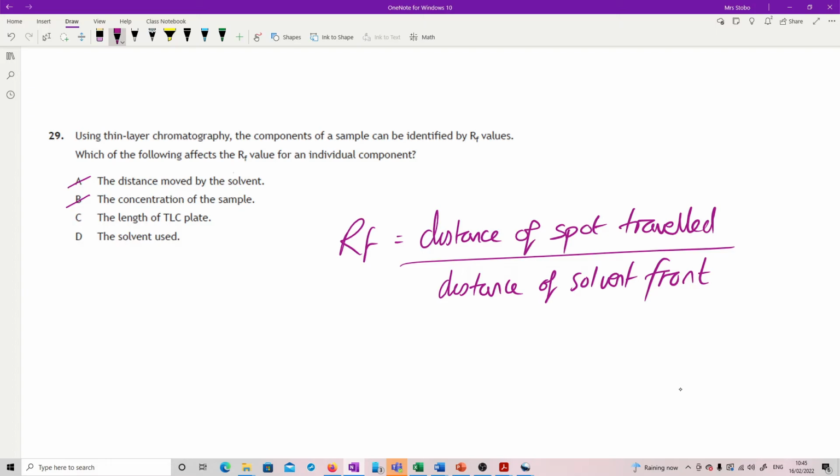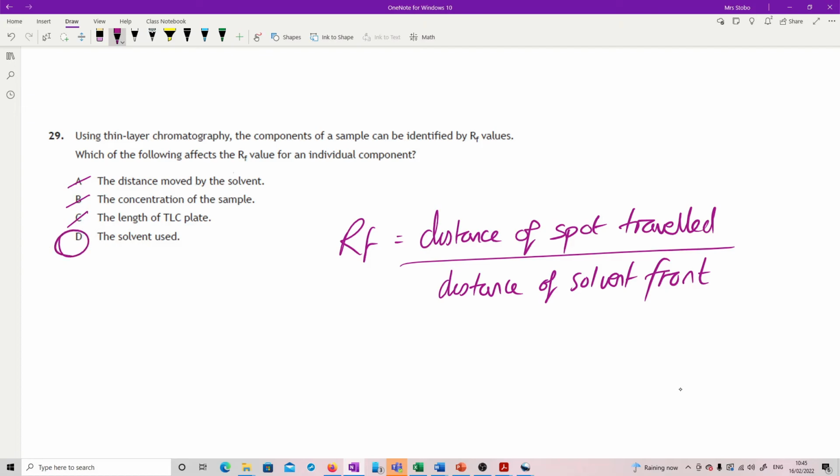So if the plate was, say, 10 centimetres and the solvent front travelled 9 and the spot had an RF of 0.5, it would travel 4.5. But if the TLC plate was 20 centimetres, then the solvent would travel, say 20, but your distance to the spot would be 10, so you'd still end up with 0.5. So it's not going to change the RF because the RF is a fraction, so not that.